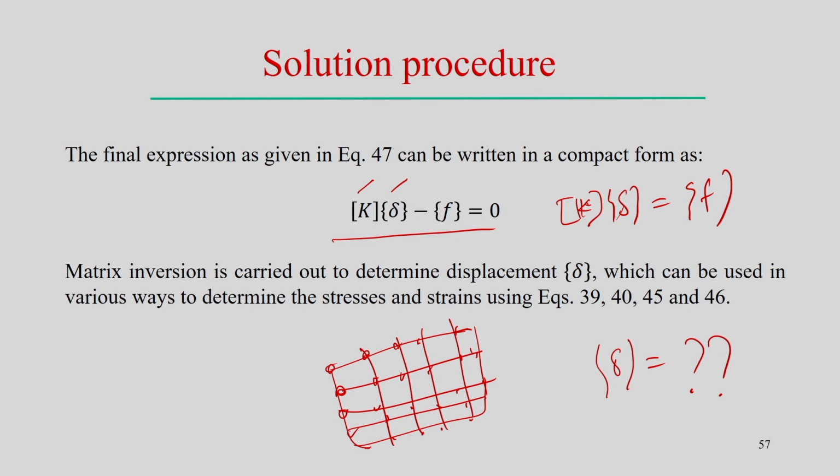Once we get the strain value, we can estimate the stress value at each node point, or on a particular element basis. So finally we have to solve for the displacement field in any general stress-strain problem, and from the displacement field we estimate the stress and strain values, giving the stress distribution and strain distribution. This is the general procedure for any stress analysis problem using the finite element method.